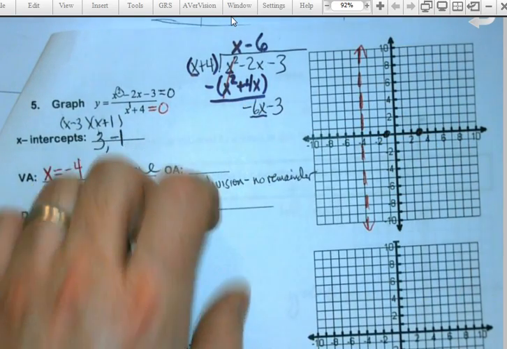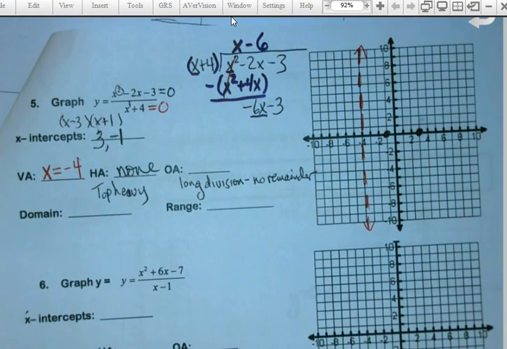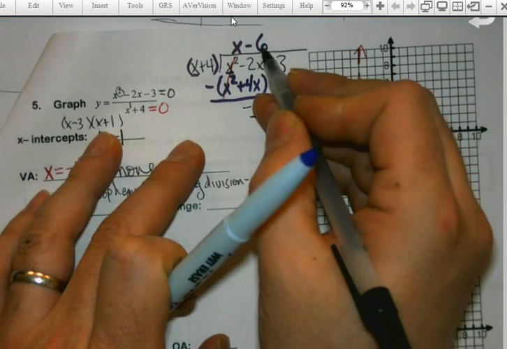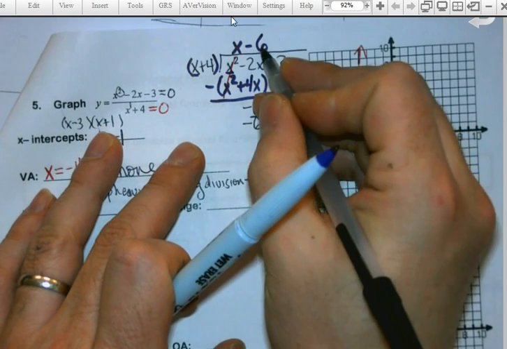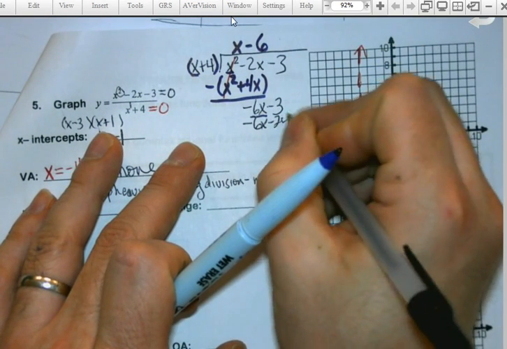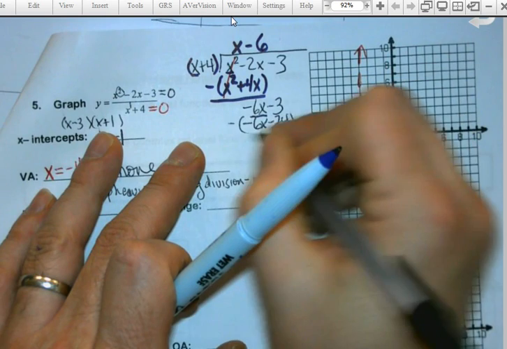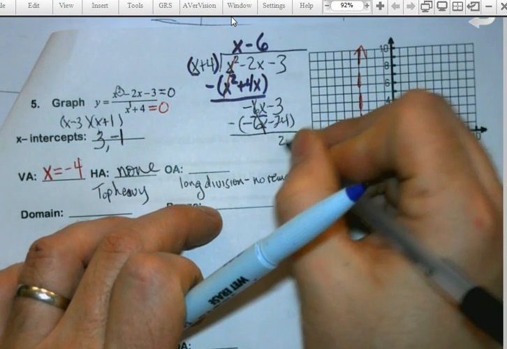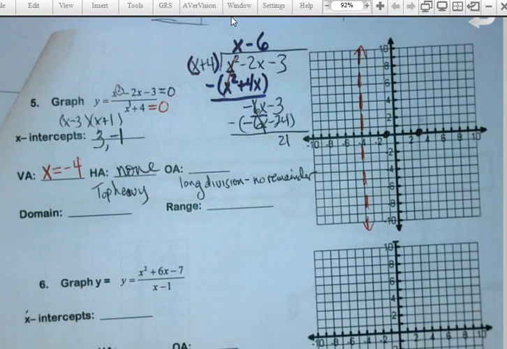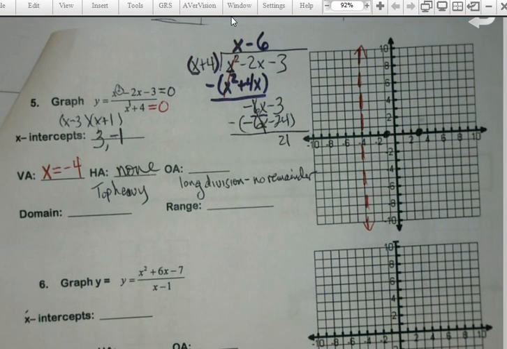Negative 6. And then again, I distribute. So negative 6 times x is negative 6x. Negative 6 times 4 is negative 24. And when I subtract, the x's cancel. And you're like, well, okay, so 21's my remainder. Don't care. I just want to make sure I get to the end.